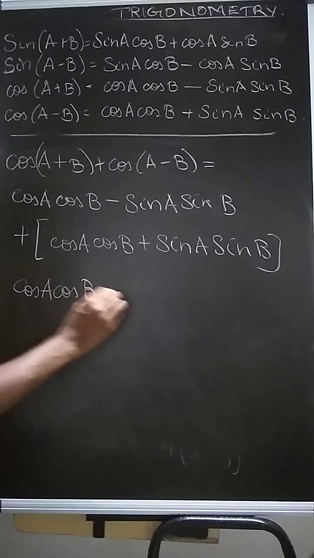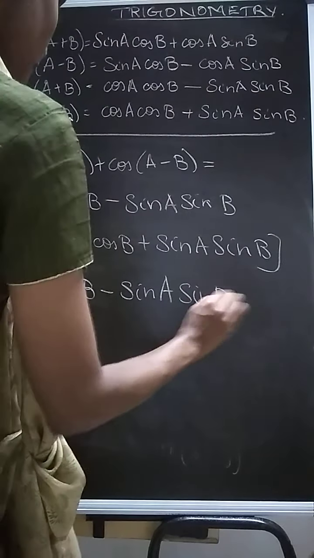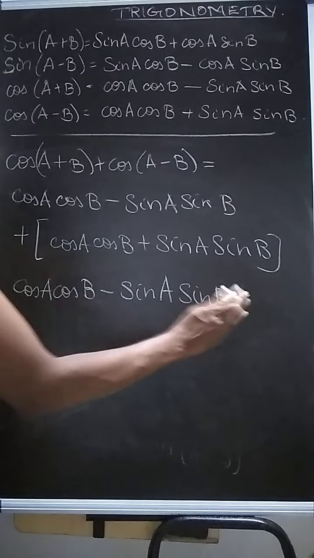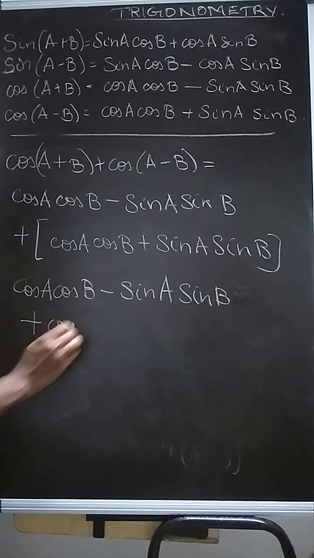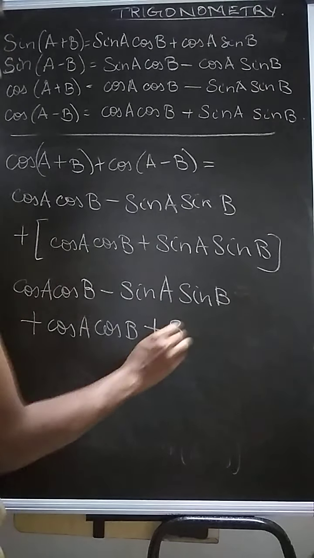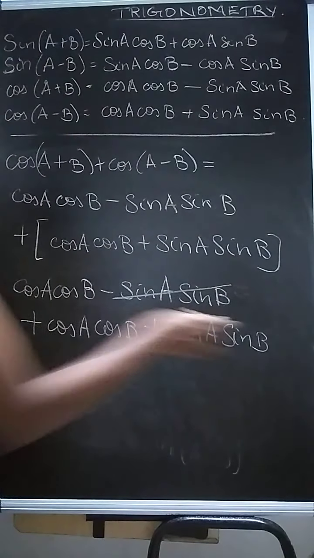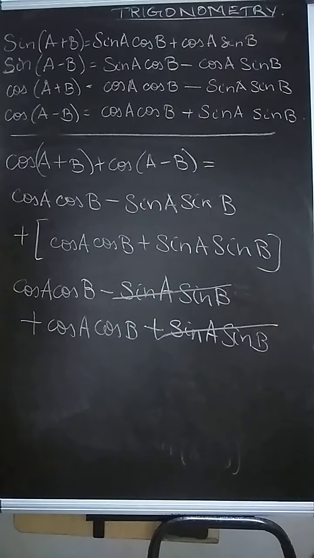So cos A cos B - sin A sin B plus cos A cos B plus sin A sin B. Now the minus sin A sin B and plus sin A sin B cancel.